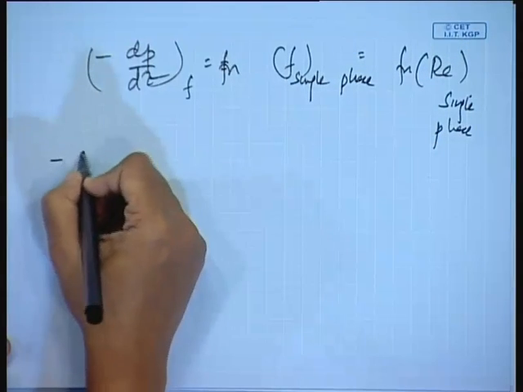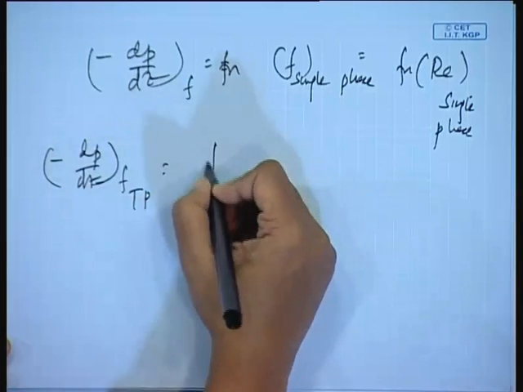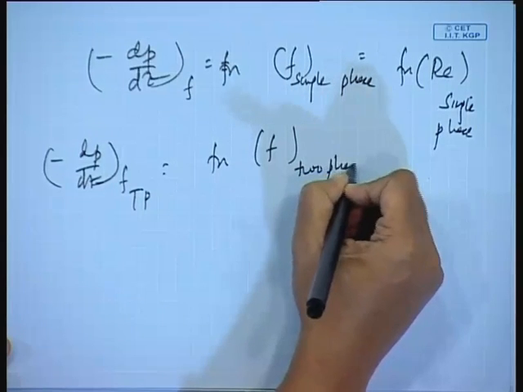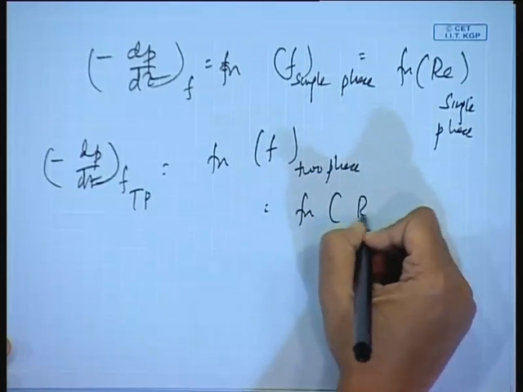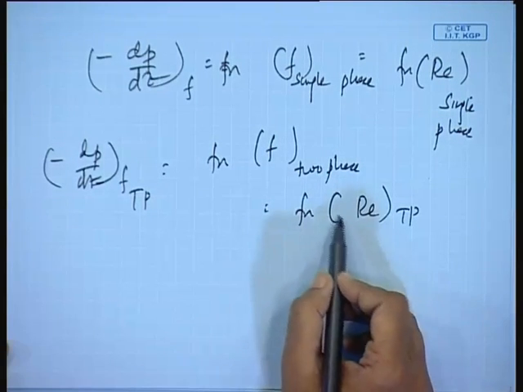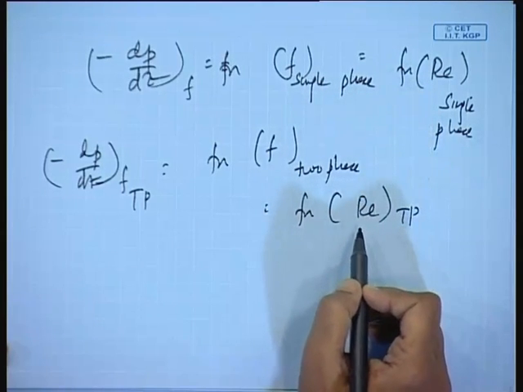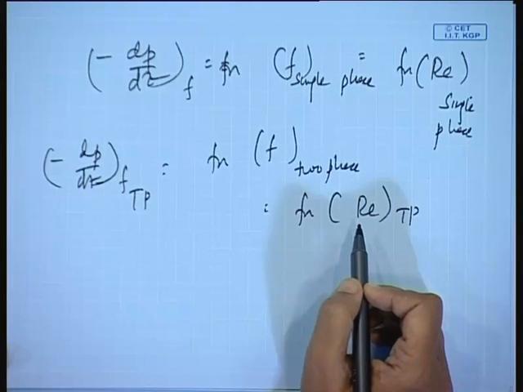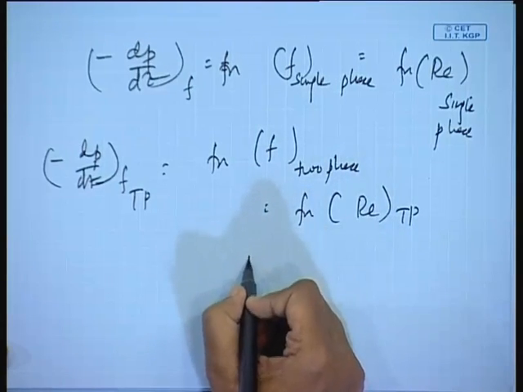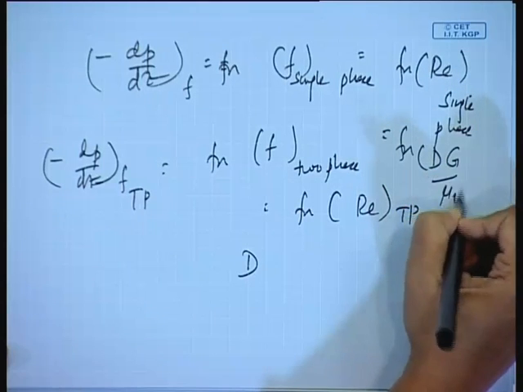Now, for two phase flow situations, just remember, this will be a function of friction factor two phase, which is a function of Reynolds number two phase, agreed. Now, definitely this Reynolds number two phase and Reynolds number single phase, firstly I really do not know how to define two phase flow Reynolds number, but even if we define it, it should be equal to dG by mu L.